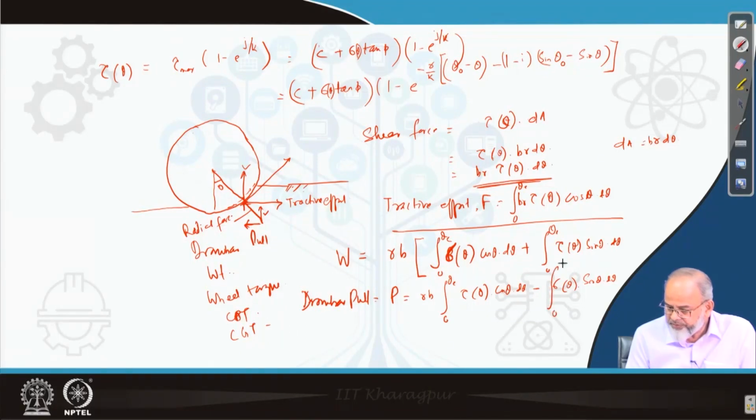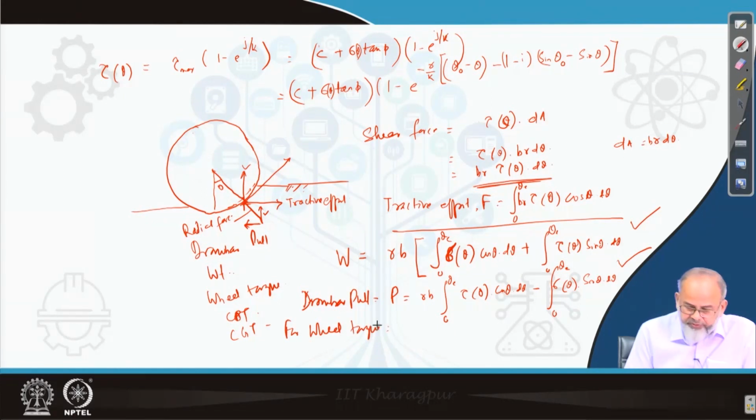This has to be integrated from 0 to theta e. So, this will be the expression for P, this will be the expression for W, and for the wheel torque, if you know the tractive effort, then tractive effort multiplied with the rolling radius will give you the wheel torque.